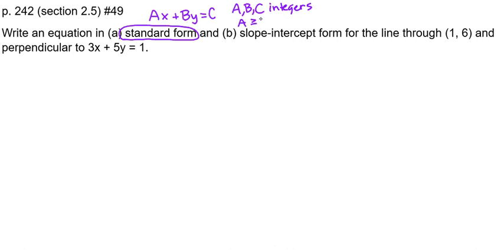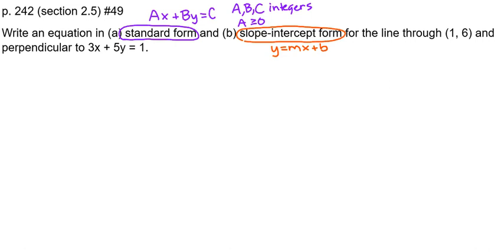So when we get to the end of the problem, we'll refer back to those things to write our equation in standard form. And then for slope-intercept form, that's the one we work with most often. That is your y equals mx plus b, and m is the slope and b is the y-intercept.